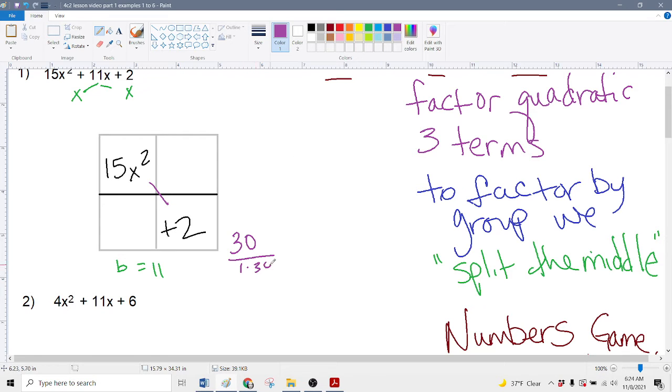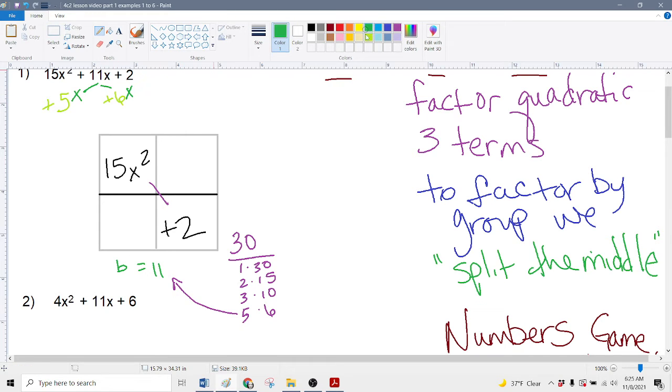We've got 1 and 30, 2 and 15, 3 and 10, and 5 and 6. And we notice that this factor pair does add to 11. So that's what we're going to use to split our middle term here. We'll split it into plus 5x and plus 6x.